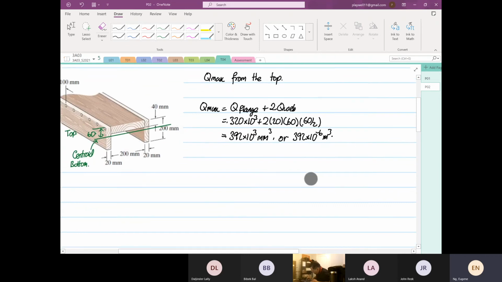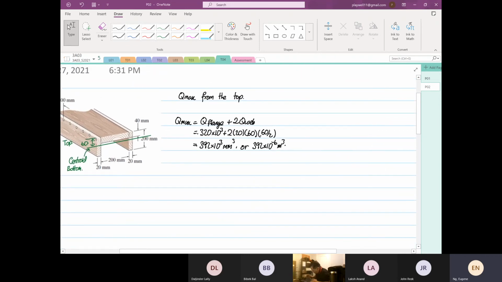I'll do left and right. Q max from the bottom. Q max is equal to twice, and I'm looking at the bottom now, so the width is 20.